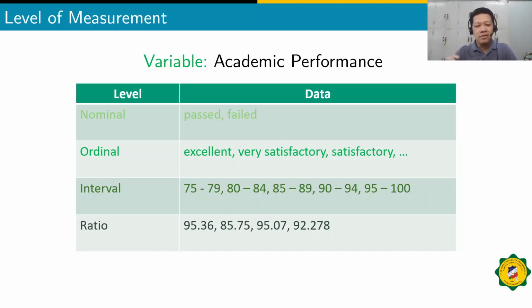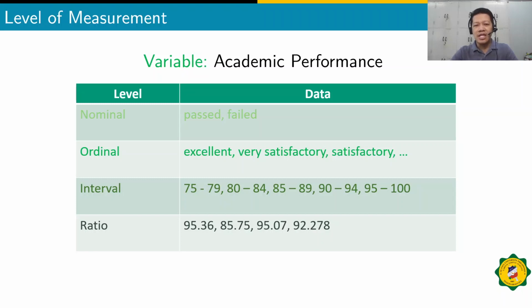But if you gather data like 75 to 79, 80 to 84, and you did not start with 0 as the starting point, that's interval level. And if you gather average grades like 95.36, 85.79, 95.07, or maybe their scores or weighted mean like that, those are in ratio level.